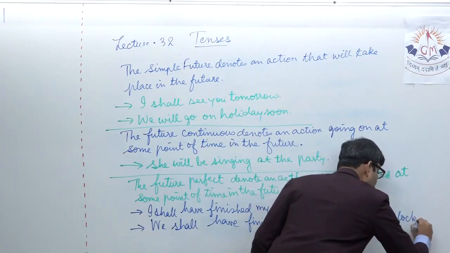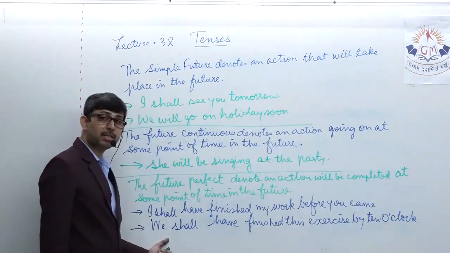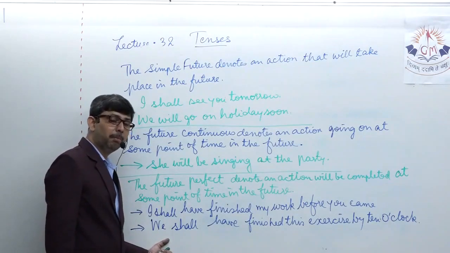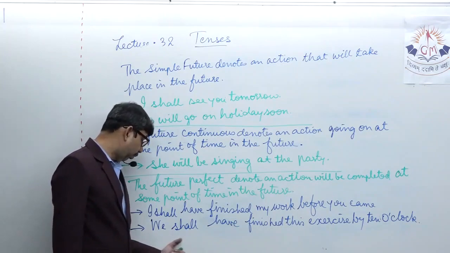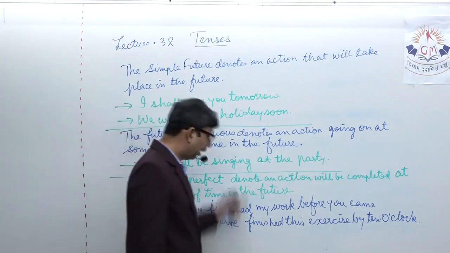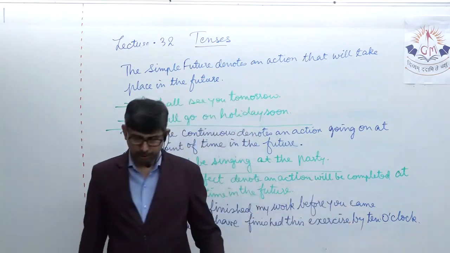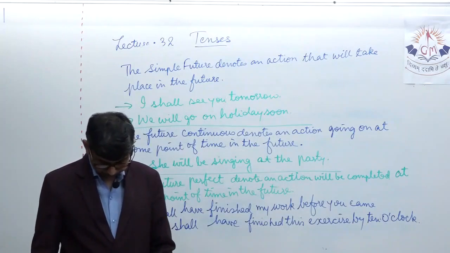So you're trying to show in this sentence that the completion of the exercise will happen not now. It has not happened in the past, but it will happen in the coming time. So we shall have finished this exercise by 10 o'clock, to indicate a perfect action in the future time.